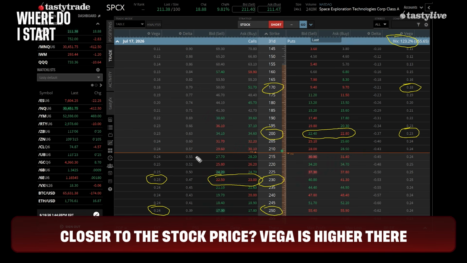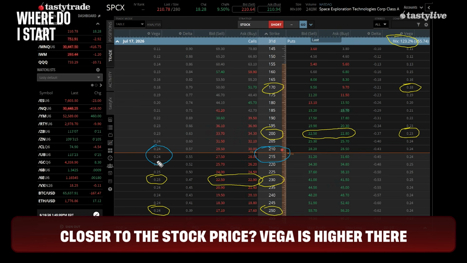So one of the things that we want to understand is when it comes to looking at Vega across one singular option chain, there is one relationship that always holds true. When you look at Vega, you will see that the at-the-money strikes, so for our purposes, that would be these strikes essentially right here, are going to command the highest Vega.